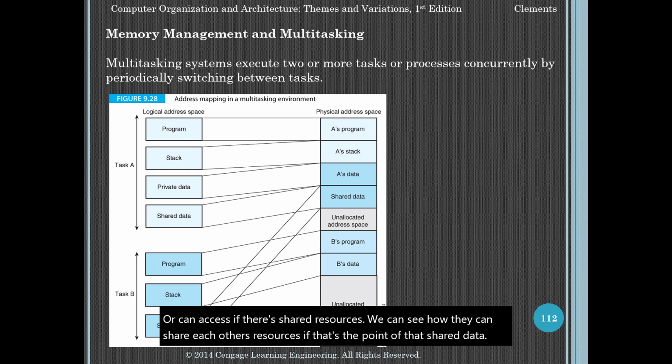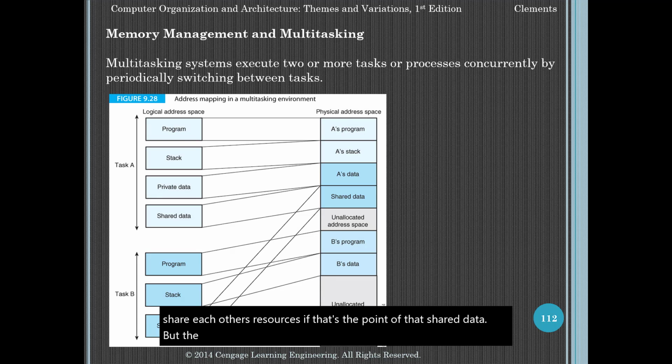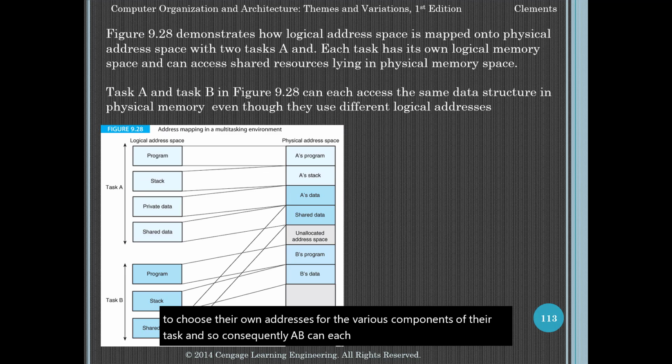But the programmers of these 2 programs, task A and B, are entirely free to choose their own addresses for the various components of their task. And so consequently, A and B can each access, right? They can each access their own areas of data at the same time and the same structure in physical memory, even though they use different logical addresses, and they can even share shared data even though they use different logical addresses.